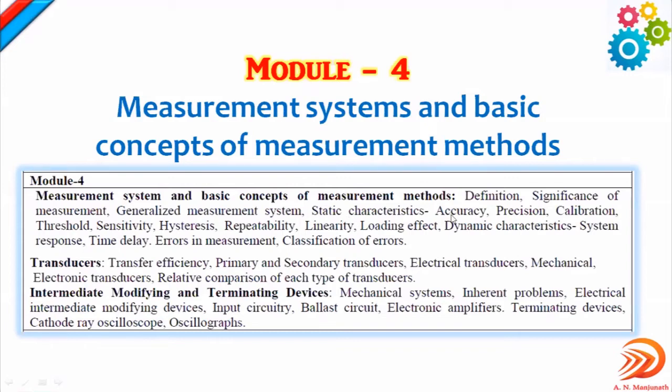Nearly 25 definitions are there, like accuracy, precision, calibration, threshold, sensitivity, hysteresis, repeatability, linearity, loading effect. Around 25 definitions are there that we'll discuss. Then errors in measurement, then classification of errors.